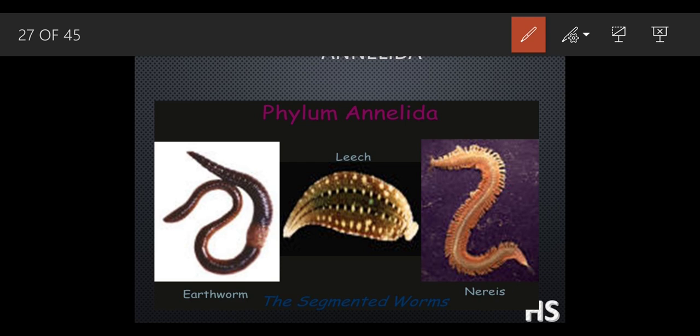See, as I said, there are two ends. Suppose I consider this part as the mouth and this part as the anus. This is the mouth part. If you look at the mouth part now, we get a band kind of structure like this, which is known as the clitellum. It is very dark.